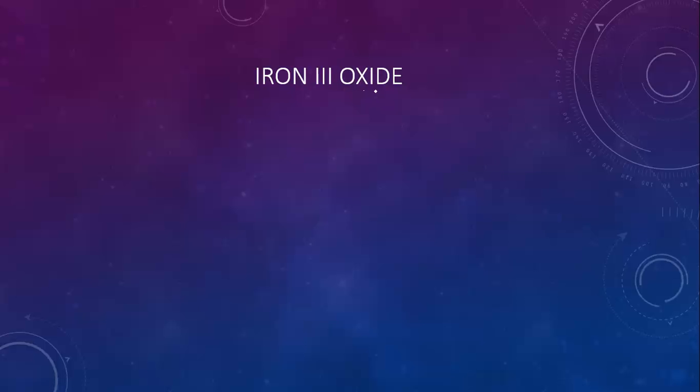Iron 3 oxide. Once again, it's a type 2. You see it by the Roman numeral. If you look it up on the periodic table, you'll find that iron has that old Latin abbreviation for ferrum, or ferric. In this case, it would be ferric because it's the higher of the two charges. If it's the lower of the two charges, it has an OUS ending.